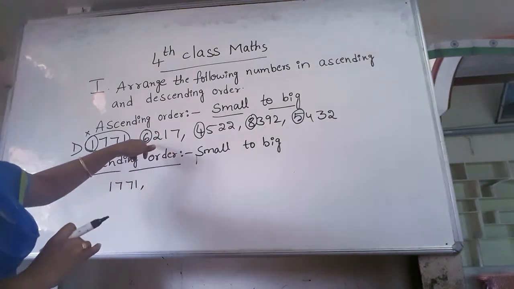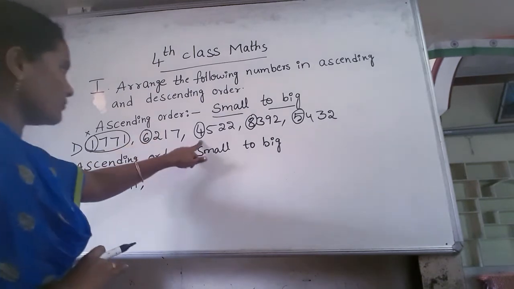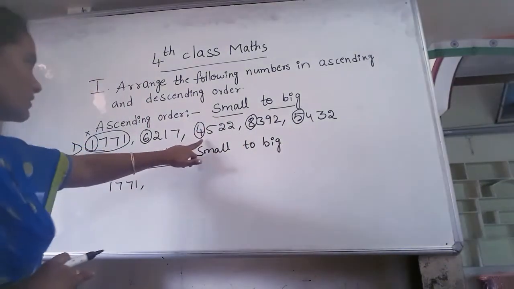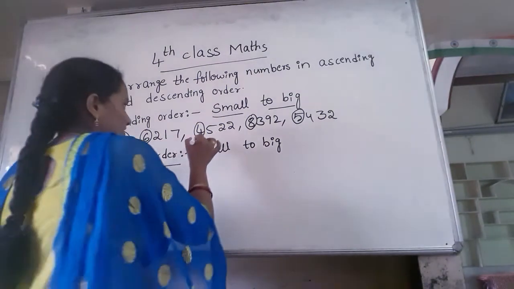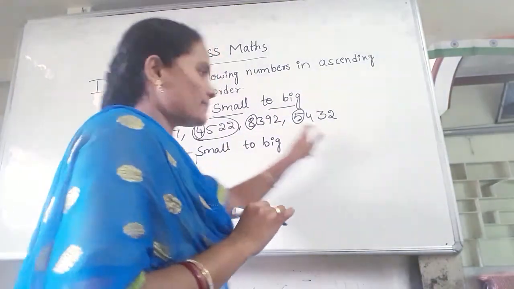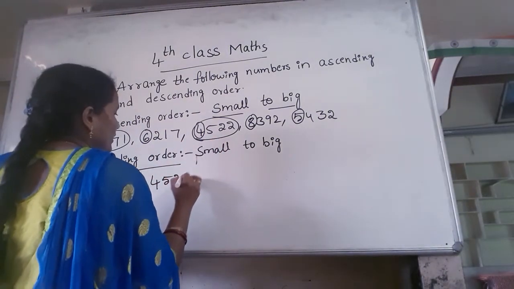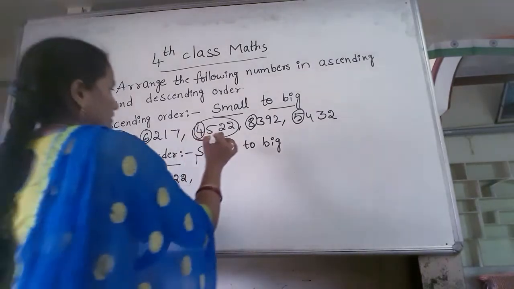Again check it in thousand place: 6, 4, 8 and 5. Which one is the small one? 4 is the next small number. So this number is always small comparing these three numbers. Next you write 4522.